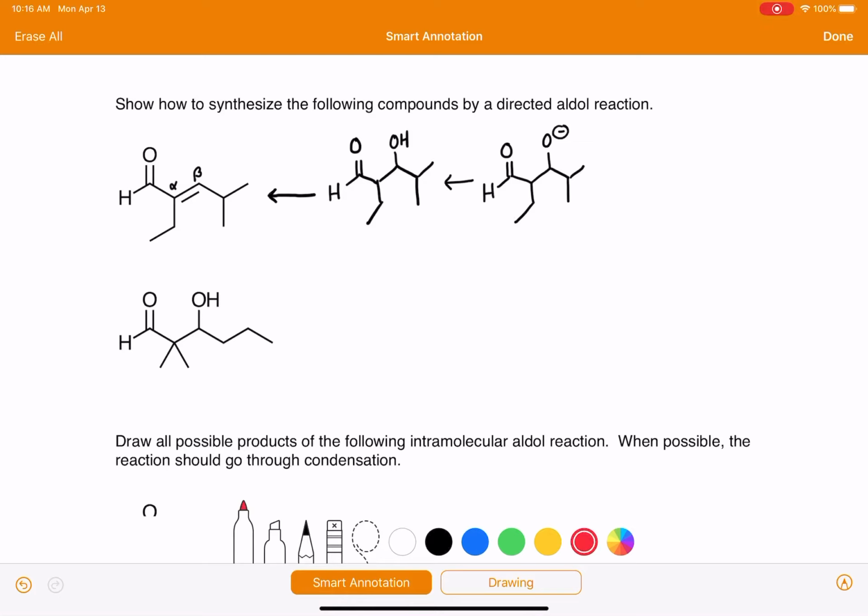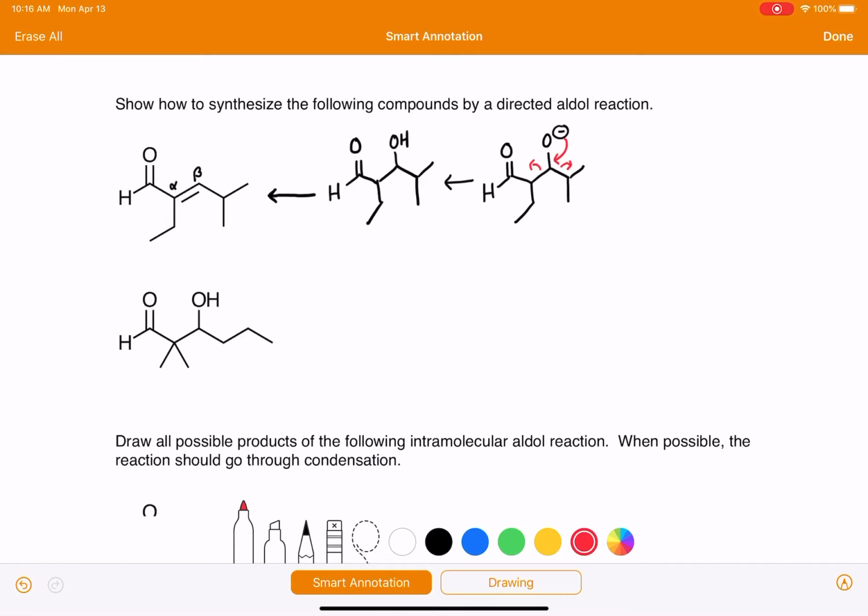And then I want you to put that carbon-oxygen double bond back. When you put that carbon-oxygen double bond back, you're going to have to break a bond. You're going to have to either break this bond right here, or this bond right here. So you got to think about, which bond am I needing to break?